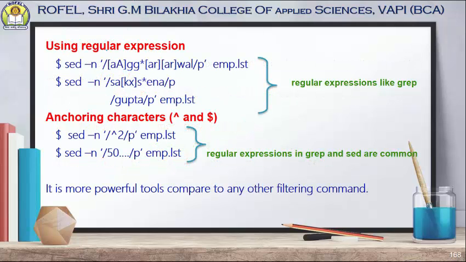Now for example, regular expression. In grep we already learned what the regular expression is. Same as grep, you can use this regular expression over here as well. Now whenever you use star, that means it will find the occurrences of the previous character.